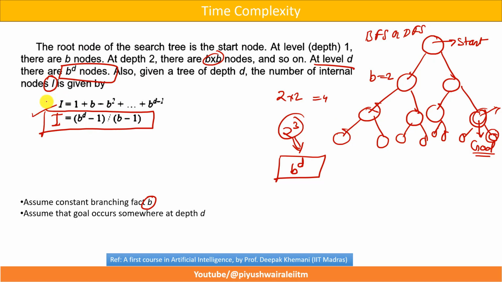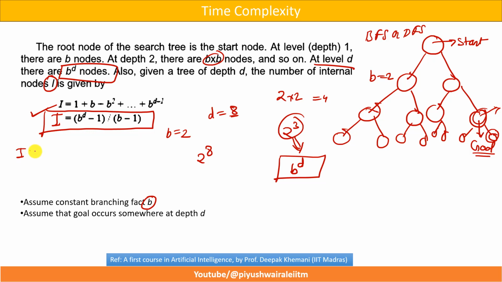Now, let us take one example. Say we have a branching factor of 2 and the depth is 8. So d is 8 and b equals 2. How many nodes will be there at depth 8, at the last level? It will be 2 to the power 8, right? But how many internal nodes will be there?